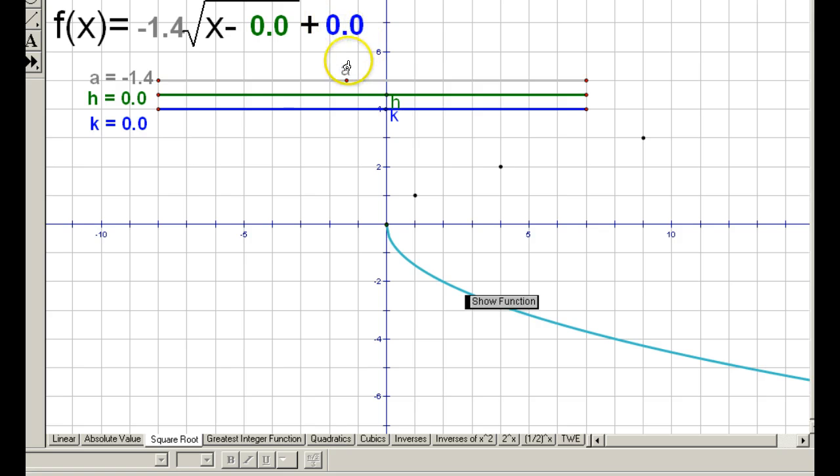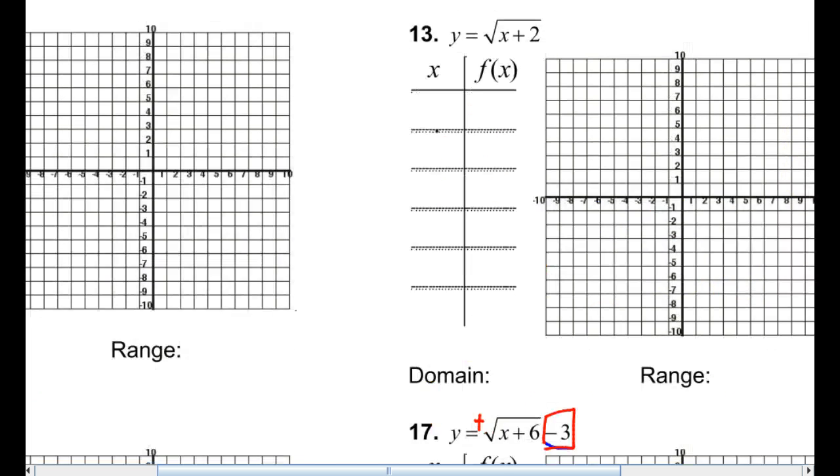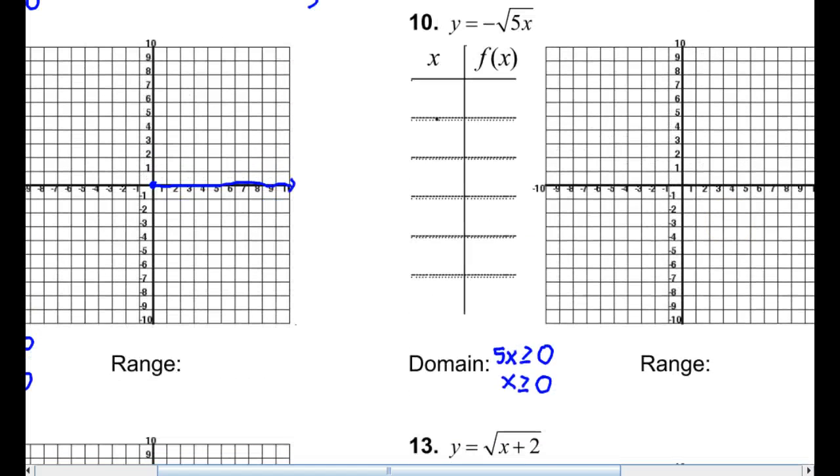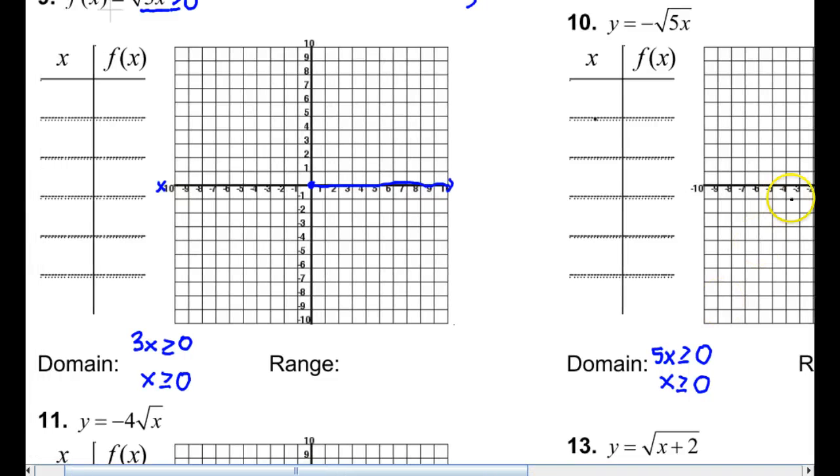So again, we know the range and the domain for actual graphing. I know that this is positive here, so it's opening up starting at -3. So we got y greater than or equal to -3. And going back up to where we started, if there is no value, what is it? 0.